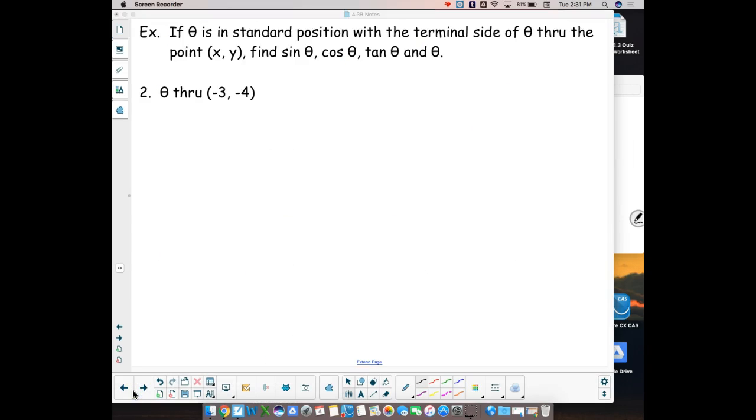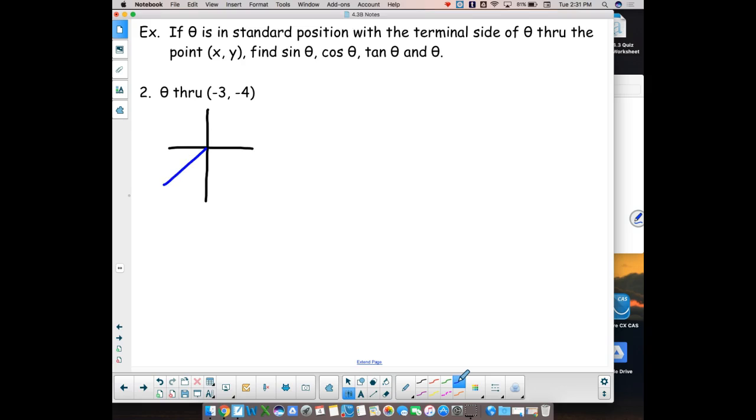Alright, so we're through negative 3 comma negative 4. That puts me down here, with the theta value here. And it also puts my reference angle there.